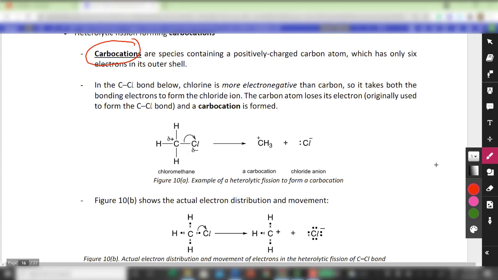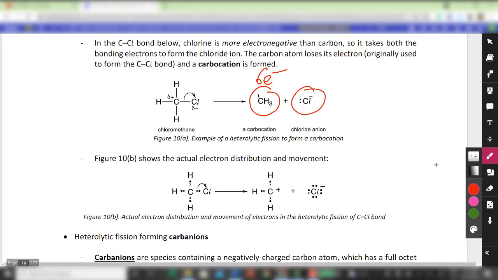So when this heterolytic cleavage occurs, you get a chloride anion here and a CH3 plus with 6 electrons around the carbon center. So we call this electron deficient. Therefore, any species with lone pairs of electrons willing to donate to the carbon center will be welcome, and a reaction will immediately take place.